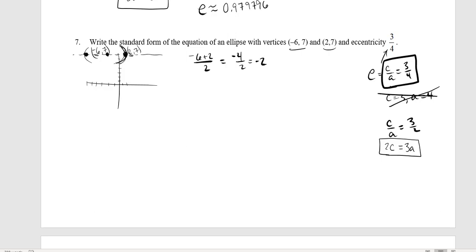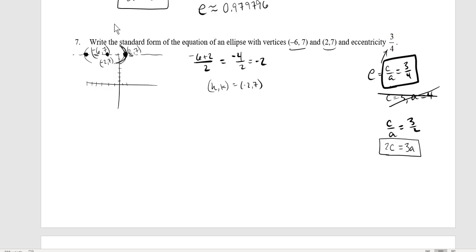So the location of this center point here, that location of that center point right there should be negative 2, 7. And so right away there we know our H and K. It's those center point coordinates.